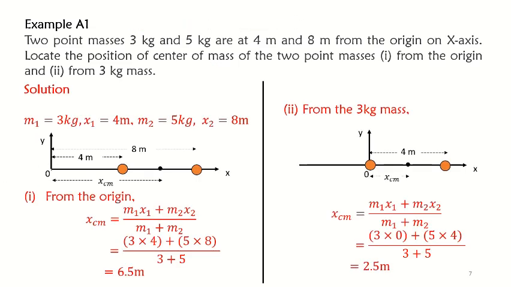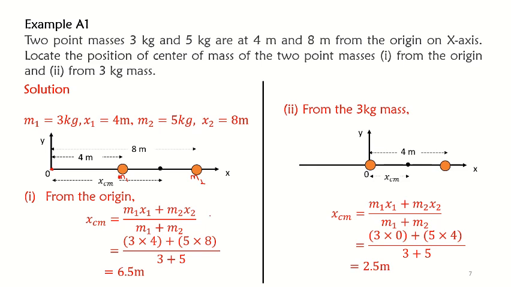You see this? This is the origin. The origin is here at 0. So M1 is placed 4 meters from the origin, and M2 is placed 8 meters from the origin. So the center of mass from the origin, that's the first part. Using our formula, M1x1 plus M2x2, recall that we have just 2 masses, so it terminates after 2.